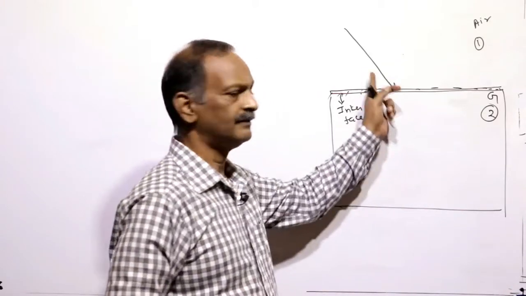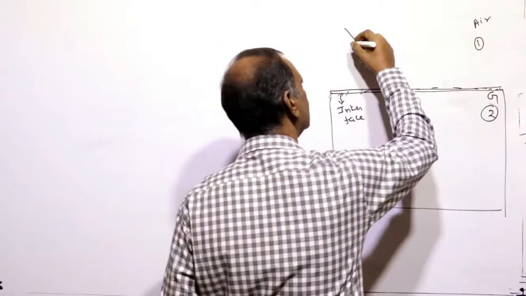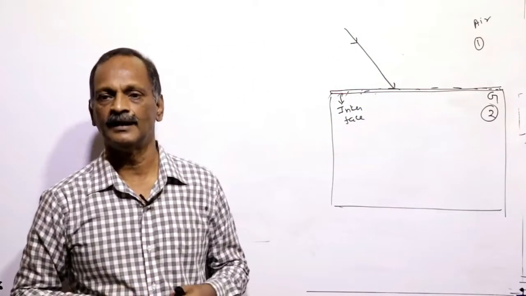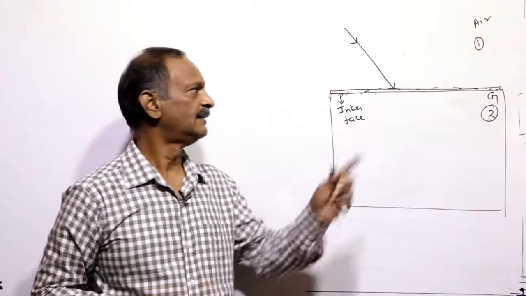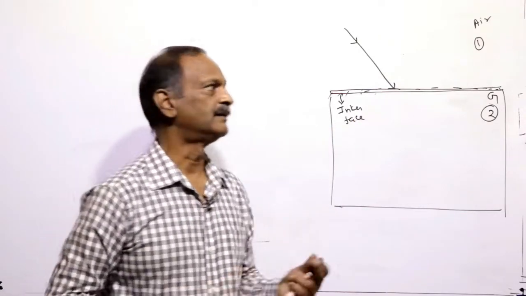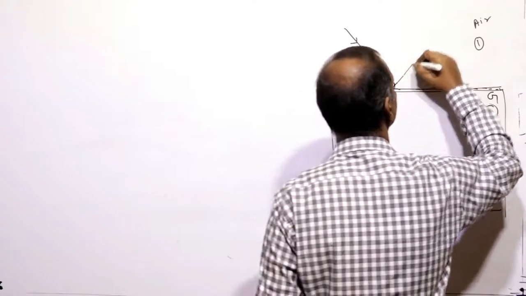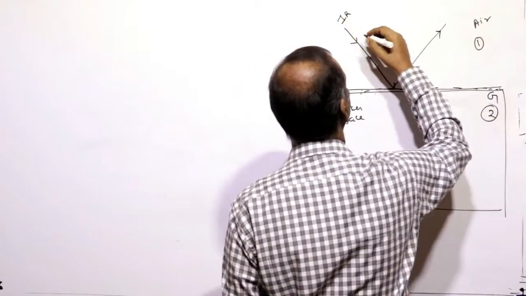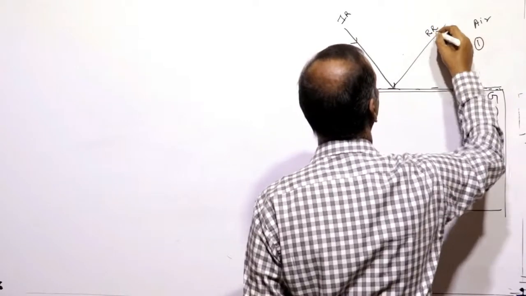When the incident ray strikes the interface of the surface, a part of the energy is reflected. That is the incident ray, and this is the reflected ray.